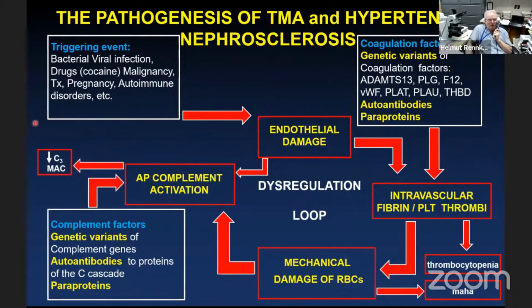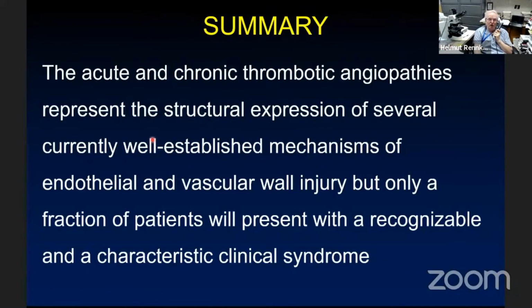You have an active disease where you can demonstrate consumption of C3 and the appearance in the circulation of elevated levels of the membrane attack complex, and that's one way of measuring the activity of this pathway in the acute phase. This leads to additional endothelial damage, and of course, you close a vicious circle, a positive feedback loop that ends up destroying, if not the entire kidney, part of the kidney, as you well know.